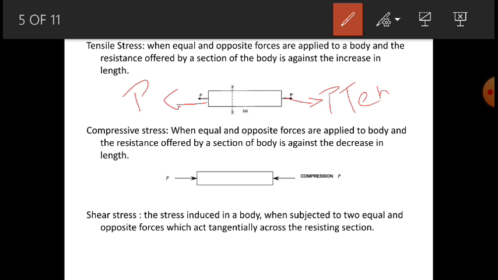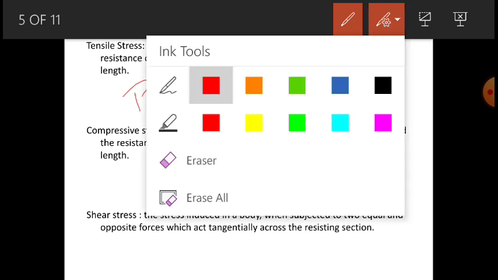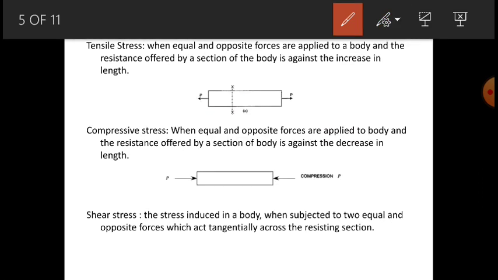The resistance offered by the section of the body against the increase of length, because we are trying to pull it so obviously the length will increase, that resistance is called tensile stress. In case of compression, we are trying to push the body from both directions.